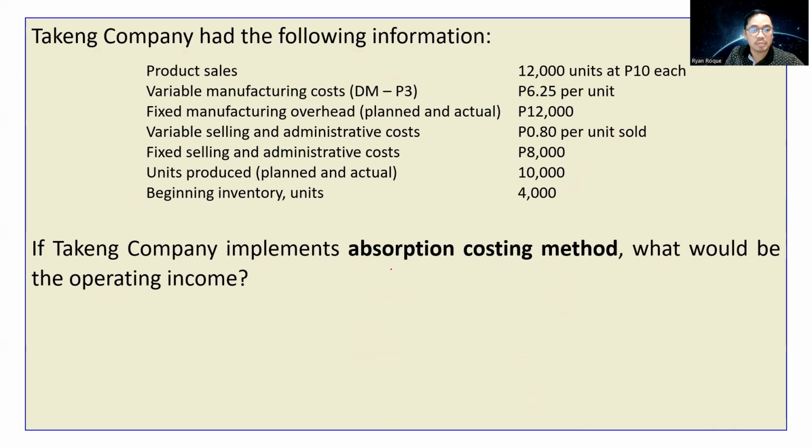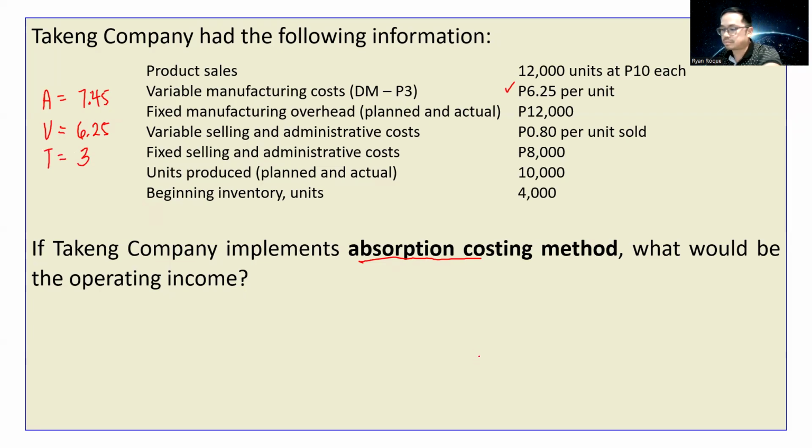So if Taking Company implements absorption costing method, what would be the operating income? Remember, the unit cost under absorption a while ago is 7.45. But for your unit cost under the variable costing method, how much is that? 6.25. This one. And then under throughput costing method, it's 3.